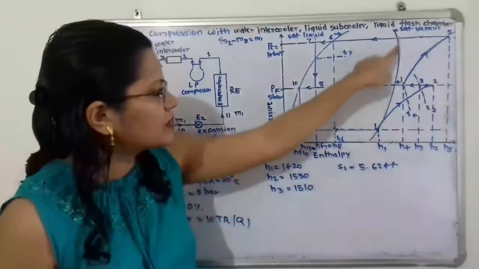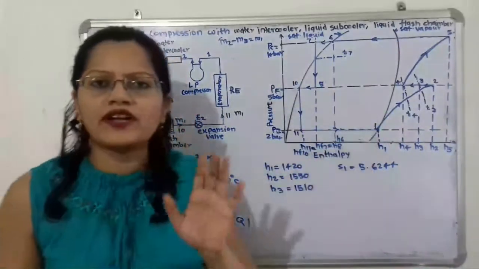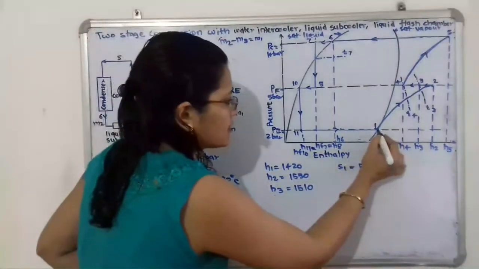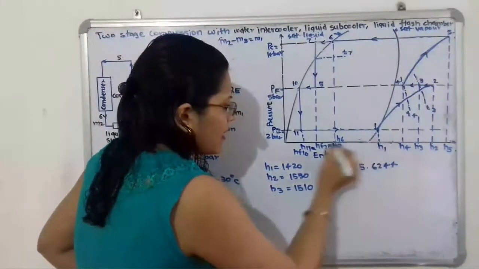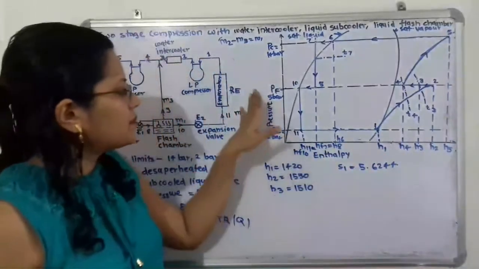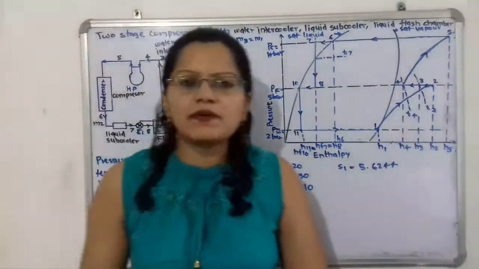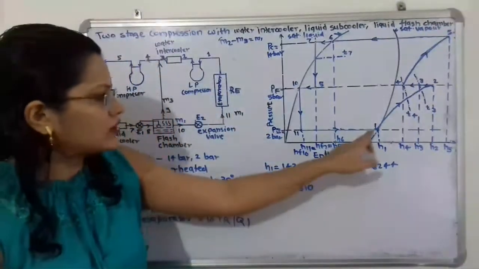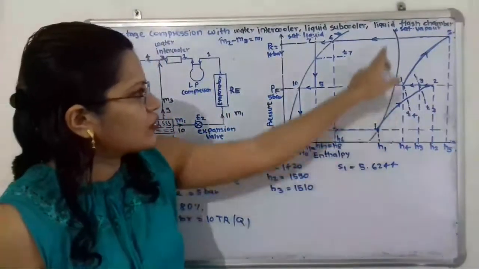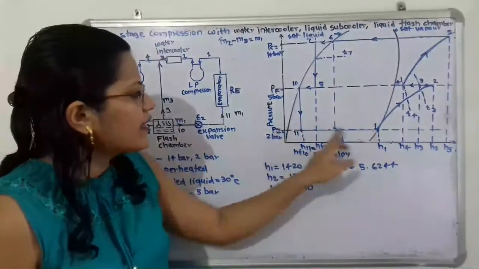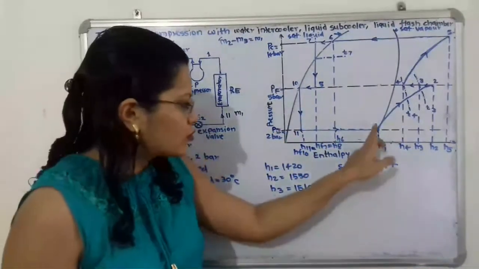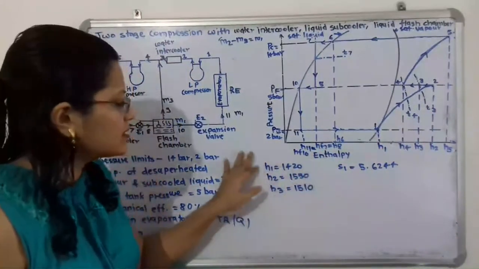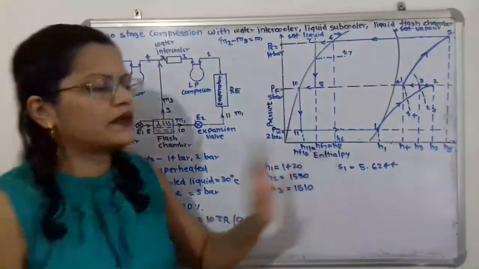The intersection of these two lines will give us point 1, that is the initial condition of the refrigerant. So here is the enthalpy, that is H1. This pressure enthalpy chart will be provided in the examination, and we have to find this point 1, that is the intersection of the saturated vapor line and pressure equal to 2 bar. So here this H1 is 1420 kilojoule per kilogram.